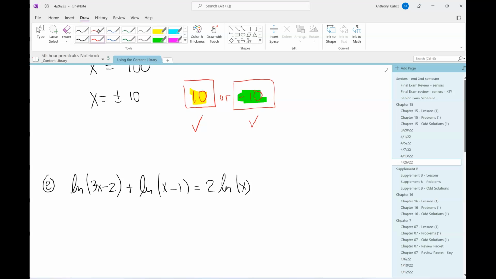So the first thing I want to do is condense this down so that I have a single logarithm on both sides. On the left-hand side, I have to somehow get rid of the addition. And on the right-hand side, I have to get rid of this times 2. How am I going to get rid of the addition on the left-hand side?